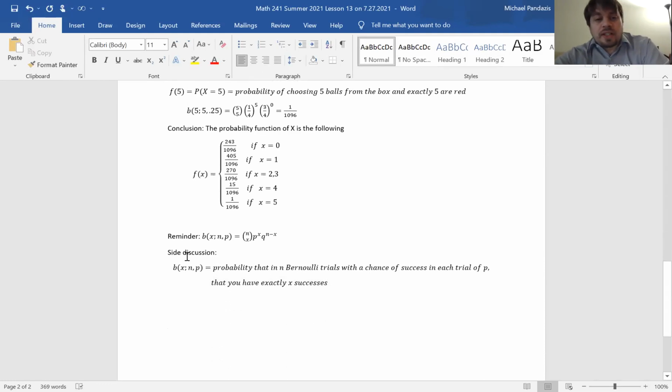So this is the probability that in n Bernoulli trials with the chance of success in each trial of p, you have exactly x successes, right?